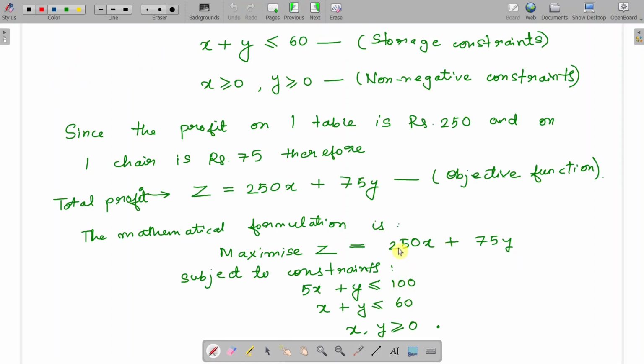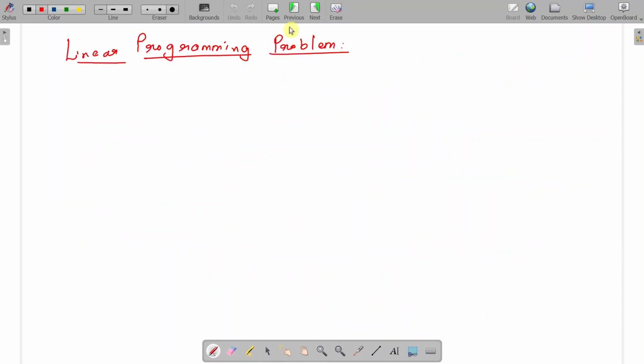As you can see, the previous formulation of the problem contains only linear functions. You can see x, y, right? There is no x square, y square, or product of both x and y, that is xy. Those terms are not there. So the programming problem in which you have to maximize or minimize a linear function subject to a set of conditions known as the constraints, which are also linear, is called a linear programming problem.